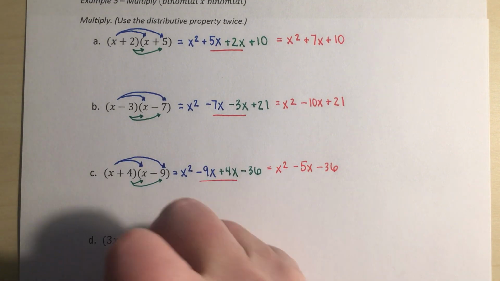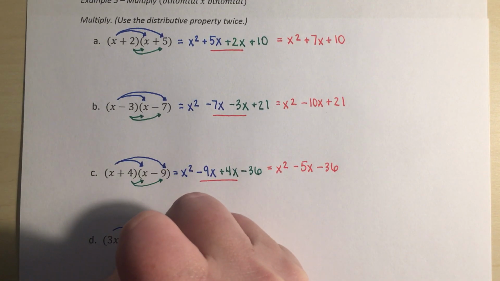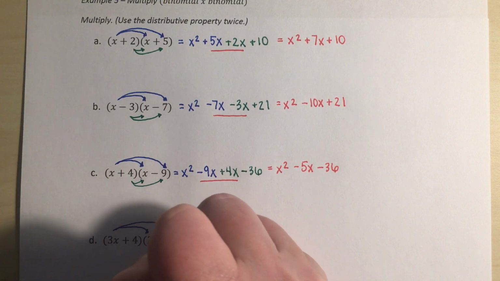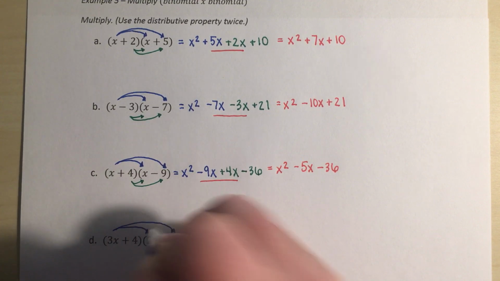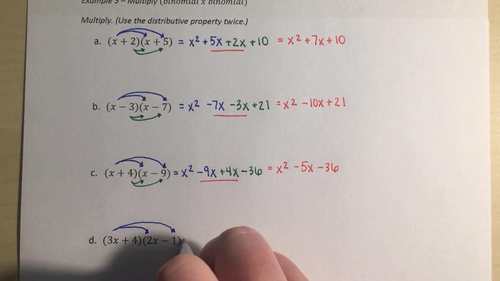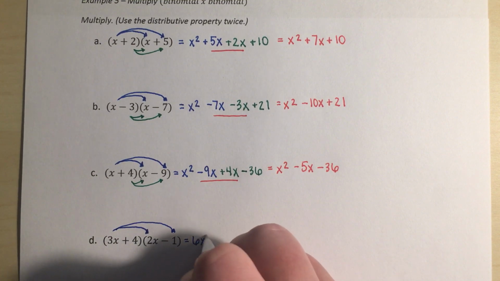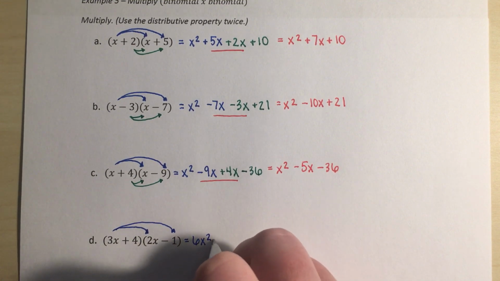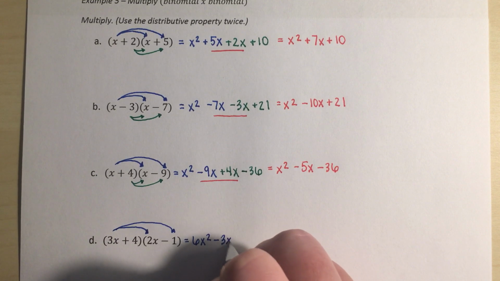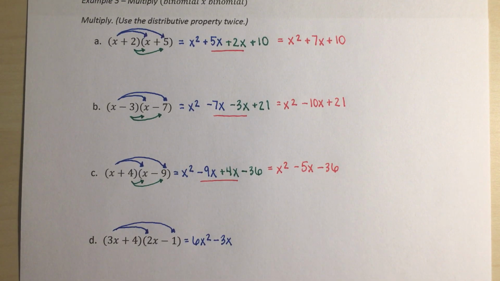All right, and one last one down here at the bottom. We're going to distribute our 3x. 3x times 2x gives us 6x squared. 3x times negative 1 gives us a negative 3x.